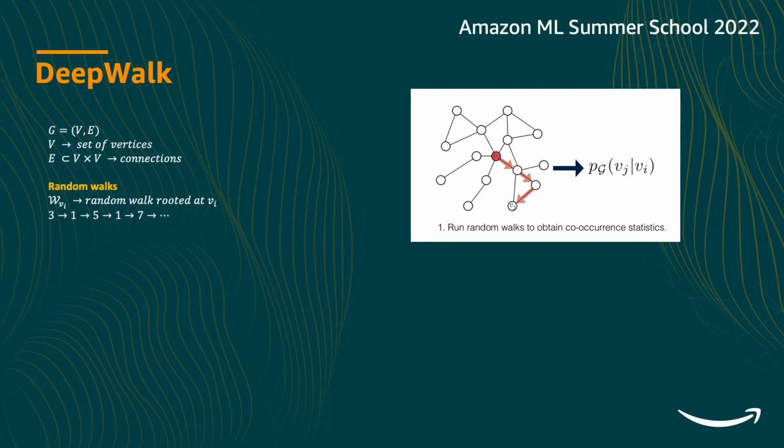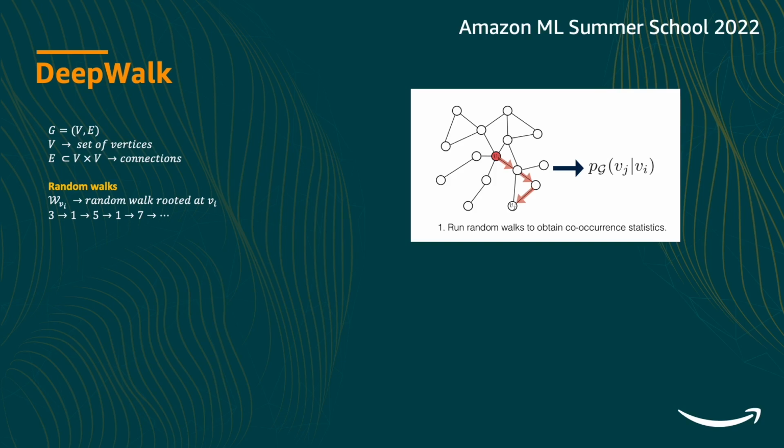Our objective is to encode the network structure, or the way that the nodes are connected to each other, in a vector. Similar to what we did for text, we want to learn a matrix of size V times D, where V is the number of nodes present in our graph, and D is the dimension of the node representations.